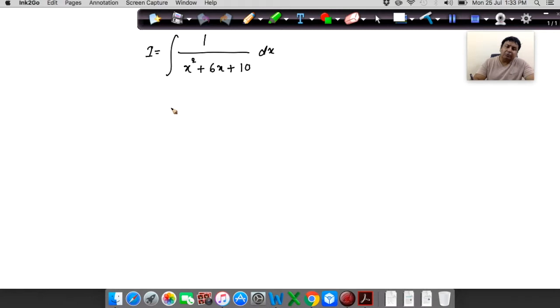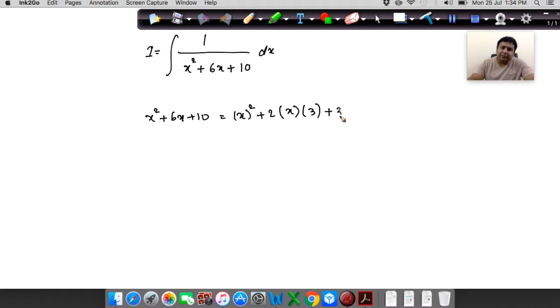So we have x square plus 6x plus 10, which I can write as x square because it's a square plus 2ab plus b square. So we write it as 2a and b. So you have to think what you should write here so that you get 6. 2 is already written, so definitely you have to write 3.